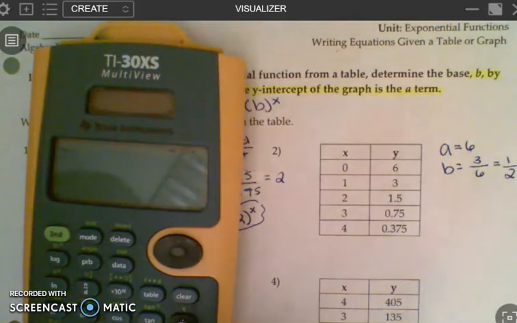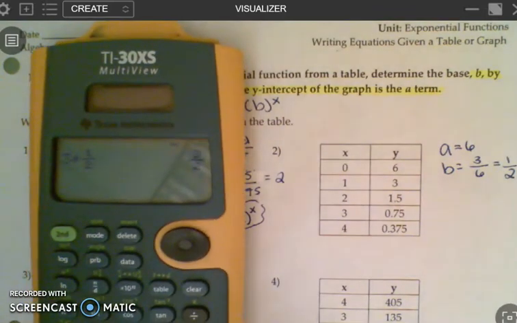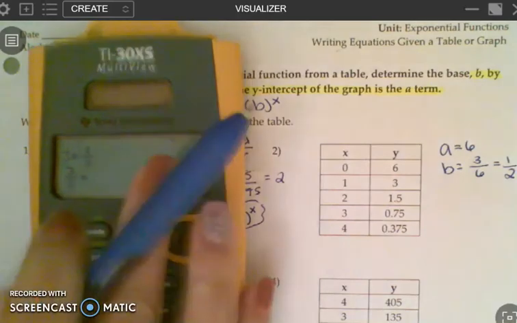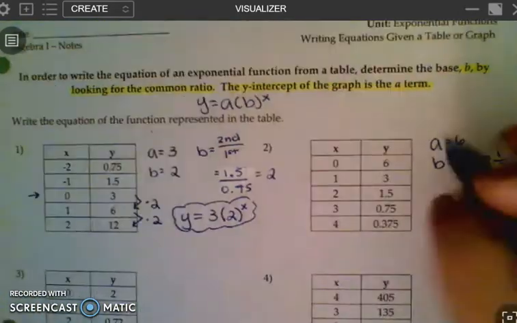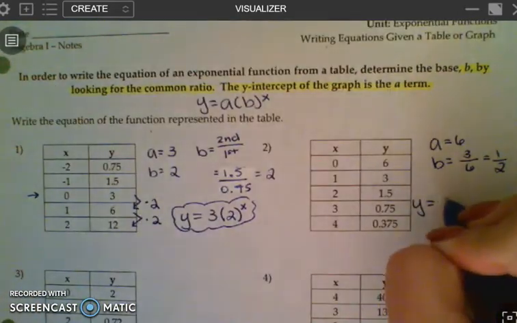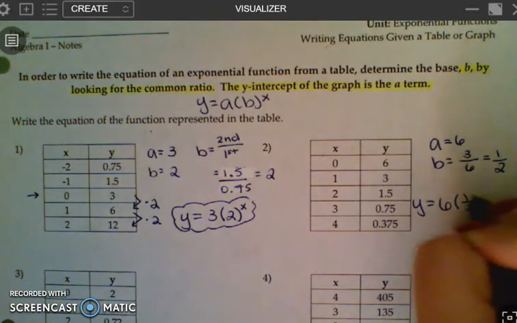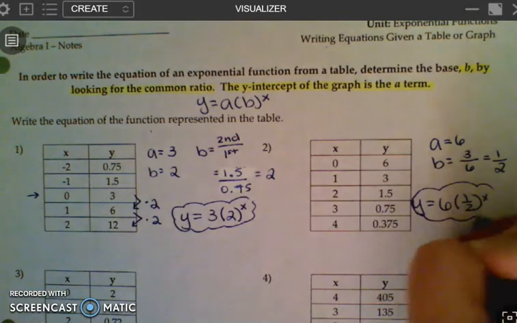So 3 times 1/2 is going to give me 3 over 2, which if I switch that to a decimal is 1.5, which is exactly what we have for the next one. So my final equation is y equals a, which is 6, (1/2) to the x.